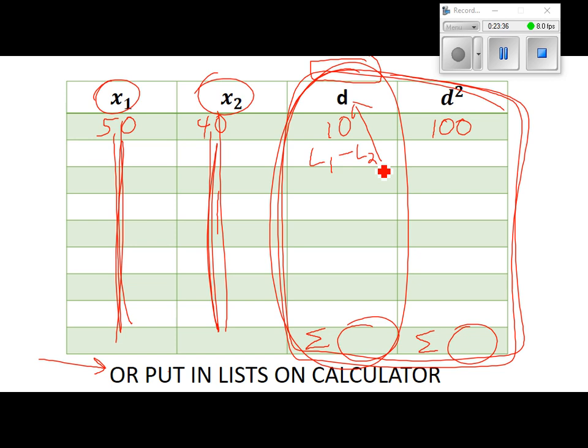And if this is list 1, this is list 2, this is list 3, you type that into the title. You can even do list 4, which we don't really need on your calculator. But if this was list 4, you could put in on the title just L3 squared, all right, and it would do that list for you.